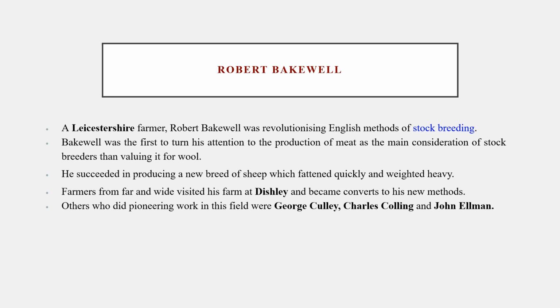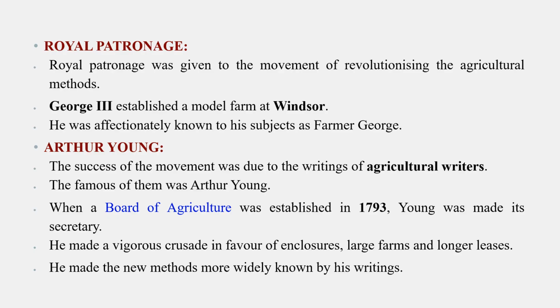Farmers from far and wide visited his farm at Dishley and became converts to his new methods. Others who did pioneering work in this field were George Culley, Charles Colling, and John Ellman. Royal patronage was given to the movement of revolutionizing the agricultural methods.